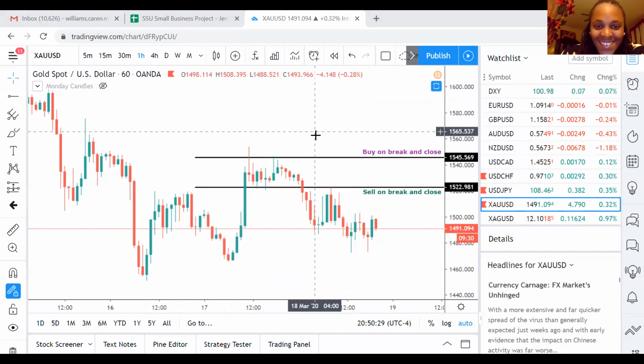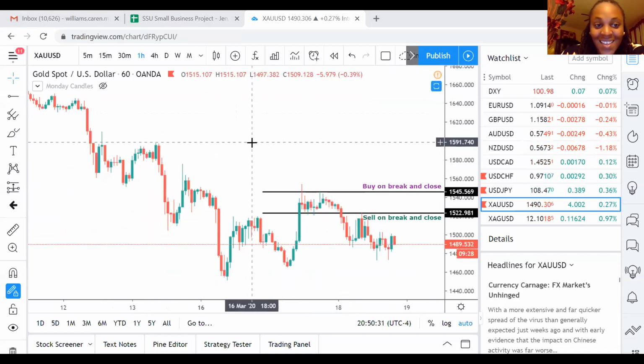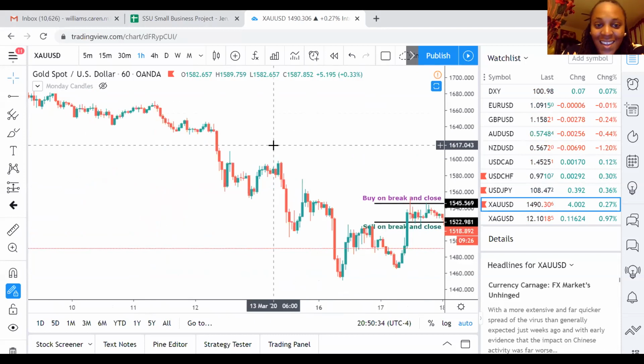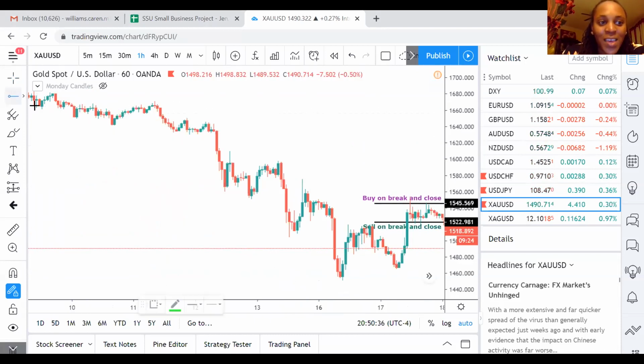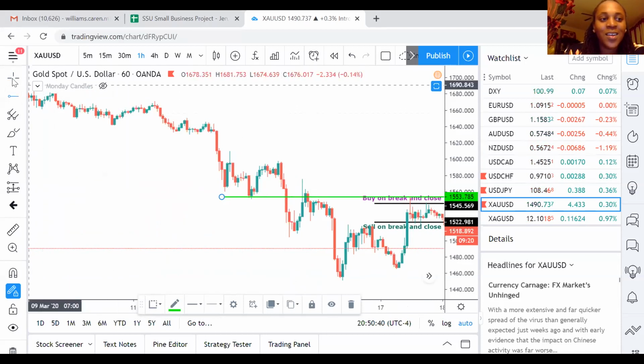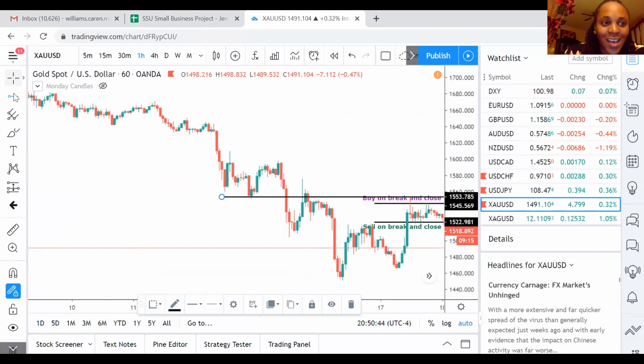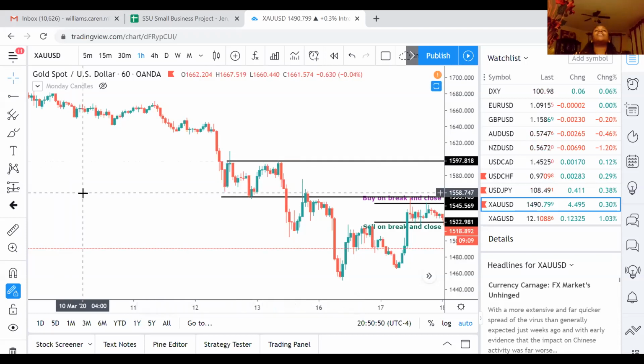All right, guys, there's nothing wrong with this pair. Look at it. This pair, with this strategy, I have to say, definitely obeys this strategy to a T. Because I am sure, for those who have been trading Forex with me for 3 years now, we've been trying to find a strategy to conquer this pair.